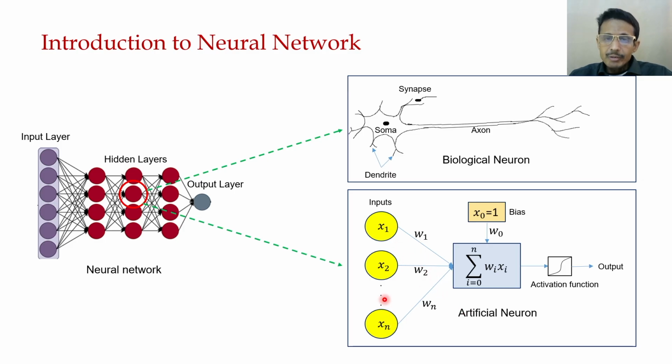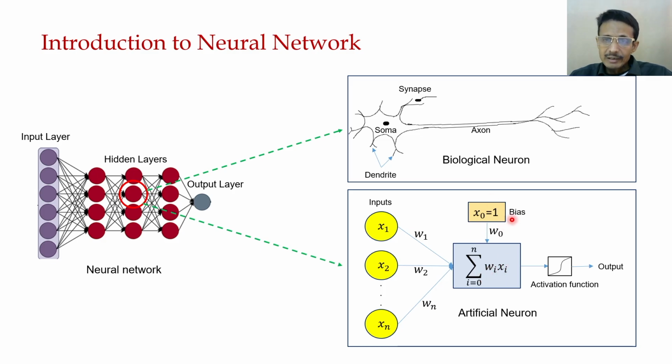For example, there are n inputs, like these dendritic inputs, and there are weights, whose functionality we will come to. The weights are multiplied with the corresponding inputs, and in the body of the neuron there is a summation of these weighted inputs.